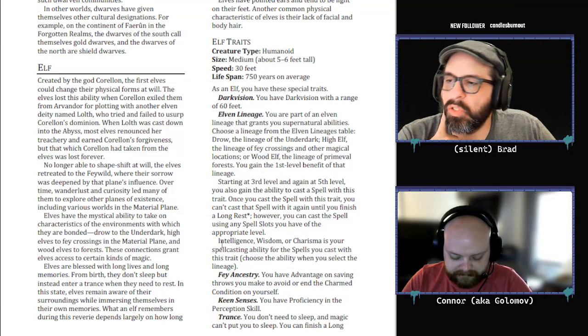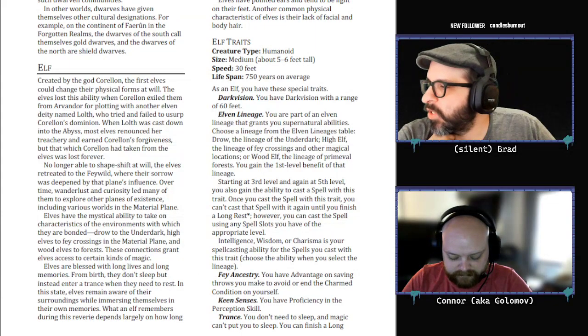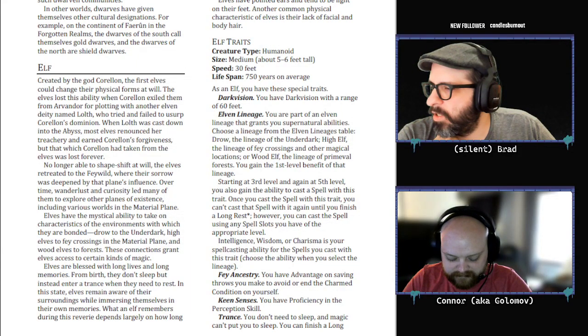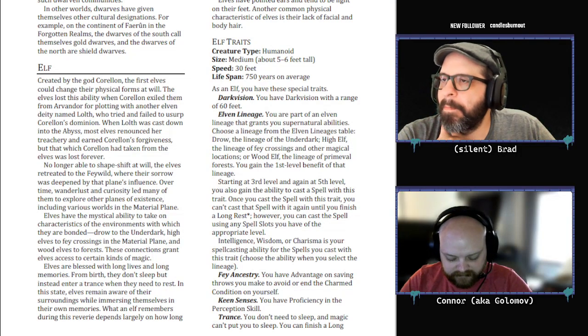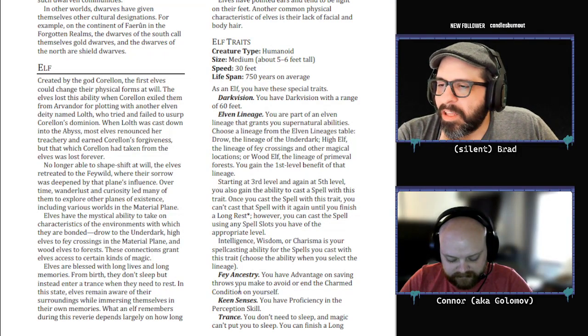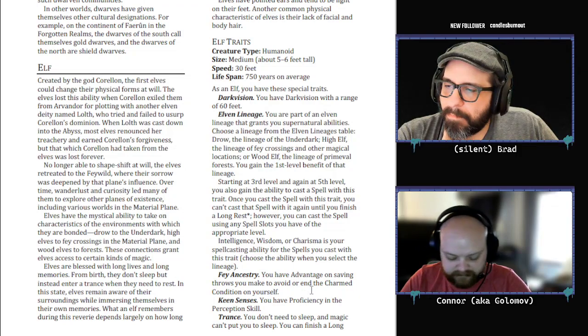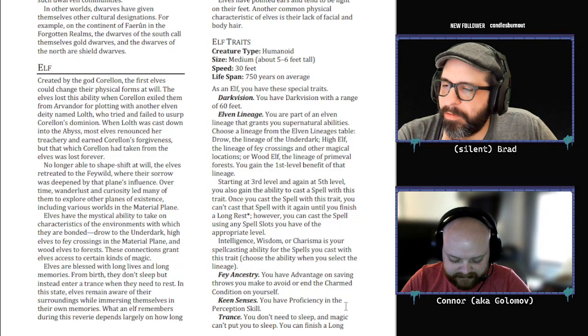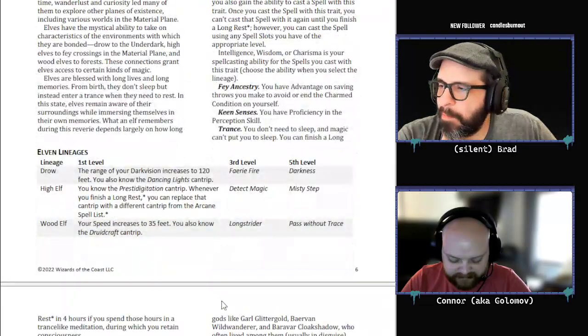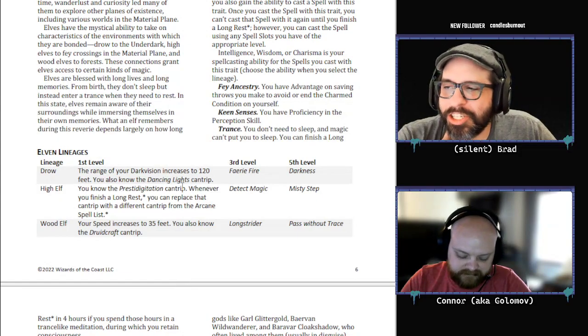Their spellcasting ability is Int, Wis, or Charisma again, rather than, I think it was only Int. It might have been Int or Wisdom, and for drow it was Charisma, yeah. And then Fey Ancestry, which is the same. Keen Senses, proficiency in Perception. Trance is the same. And then we've got the lineages.